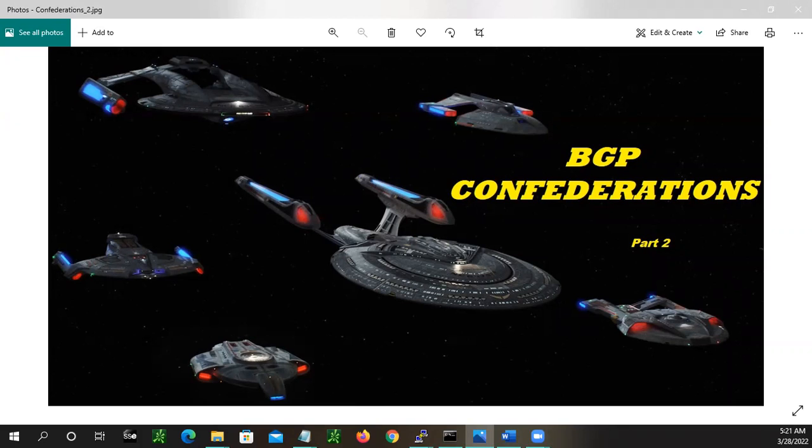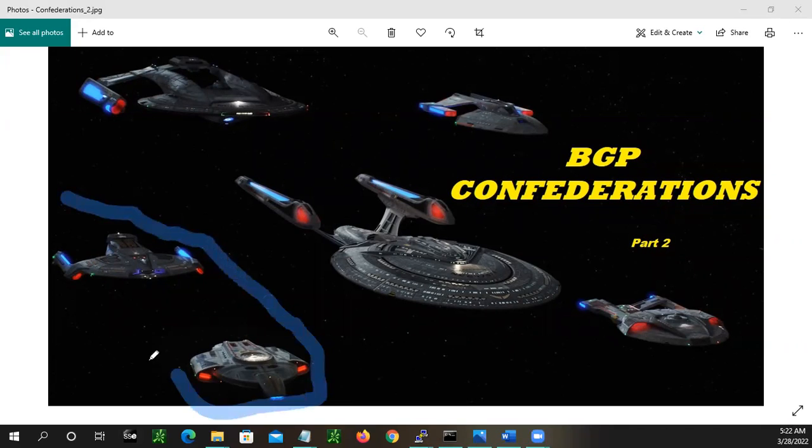And just to recap, I was talking about how the Confederation is built up of smaller autonomous systems like this here.